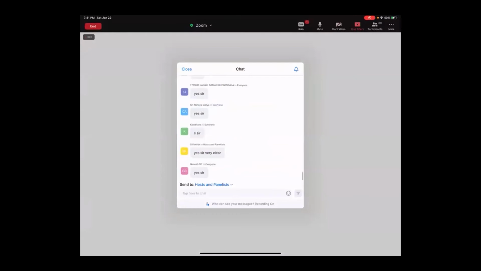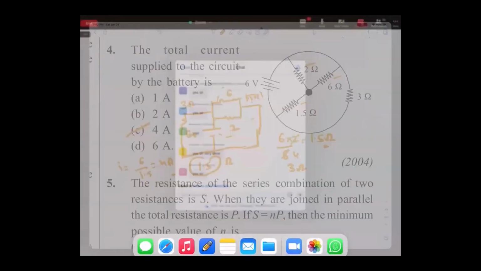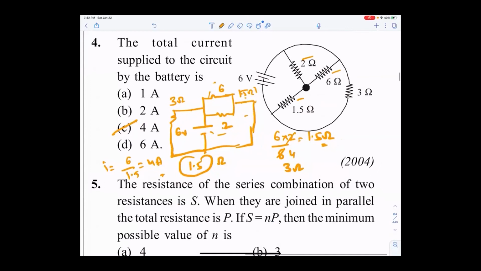Yes, sir. Very clear. So how we draw this circuit is what matters.